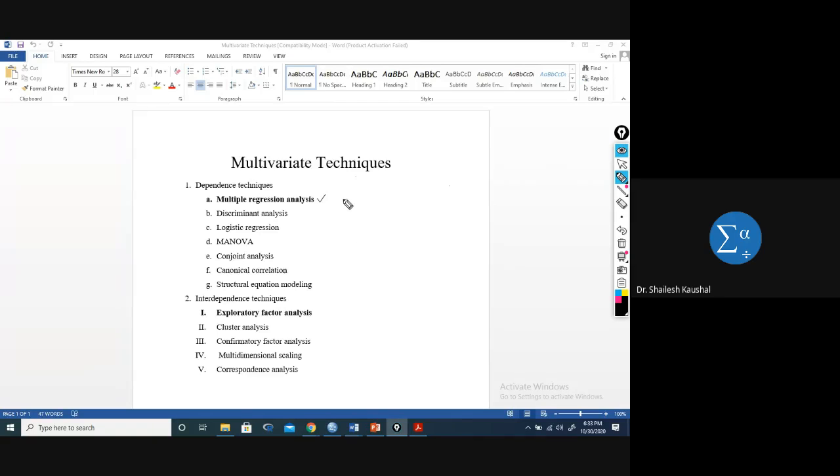Then we can test the hypothesis, like this is my one dependent variable, b0 plus b1 x1 plus b2 x2 plus b3 x3 and so on. So we can check whether variable x1 is significantly contributing or not, and then we obtain the t value, which, if it is greater than 1.96, then the p value would be less than 0.05.